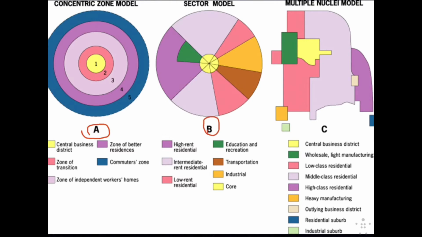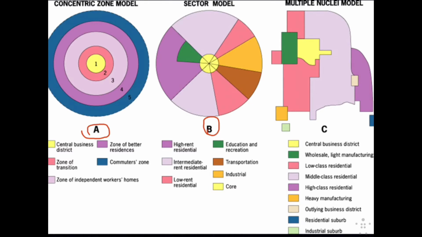B, that you see here, is the sector model. This was developed by Homer Hoyt in 1939. It's a variant of the concentric zone model. According to Hoyt, the city develops in a series of sectors, not rings, as Burgess described. These sectors may be determined by environmental factors, or they may develop on their own.